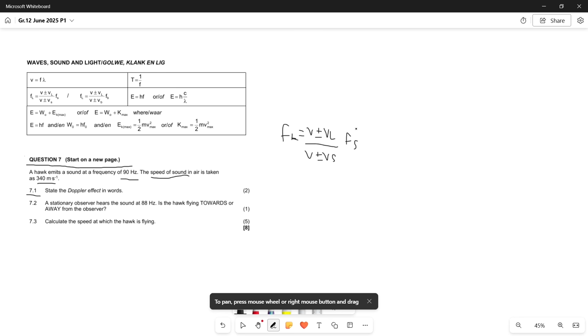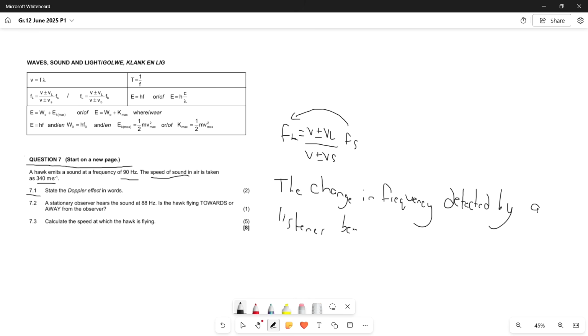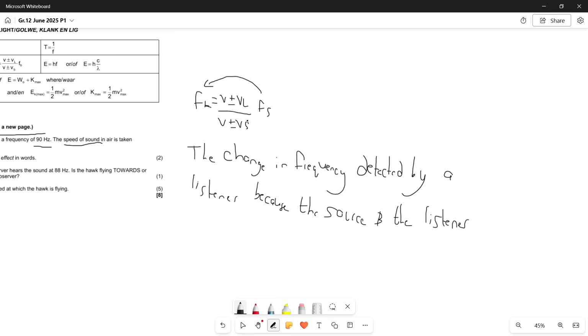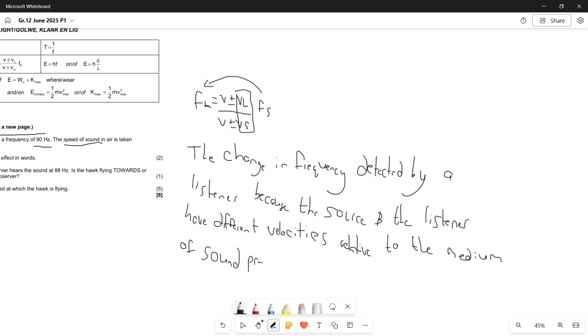Okay, and with that being said, let's write down the Doppler effect, because the Doppler effect is the change in frequency. So it is the difference between the frequency of the source and the frequency of the listener, detected by a listener, because the source and the listener have different velocities, this guy and this guy, relative to the medium of sound propagation.